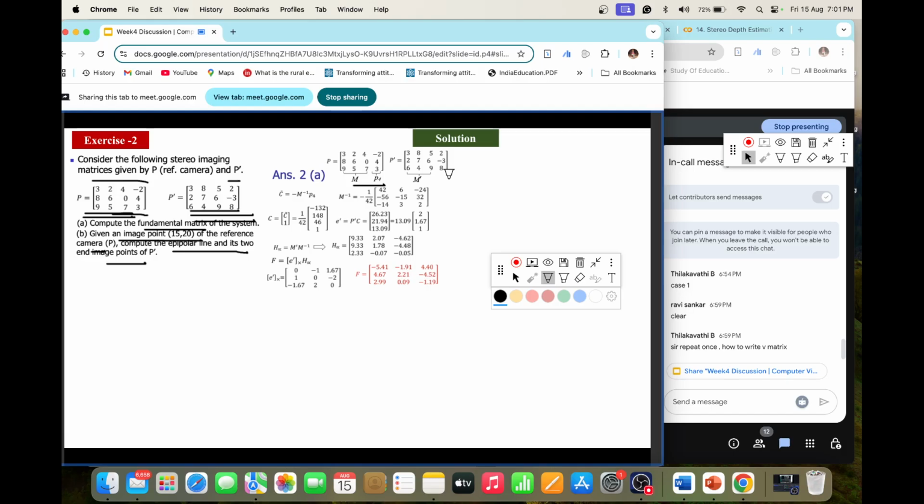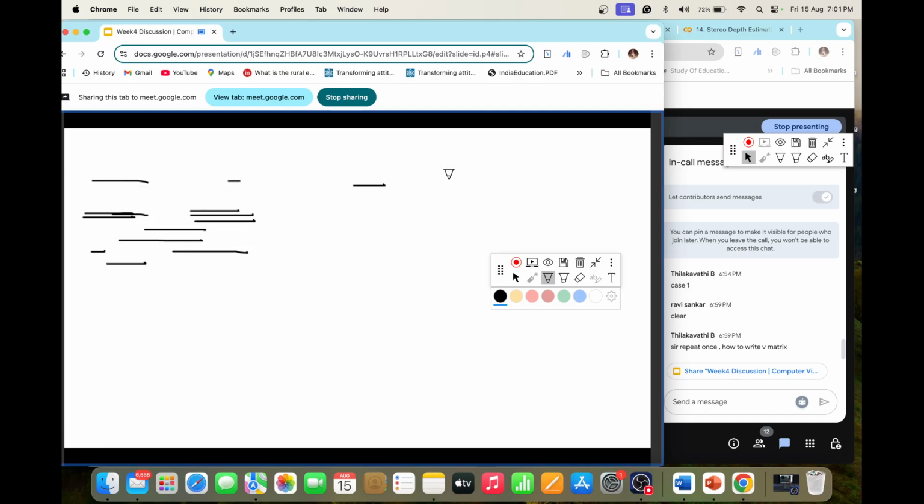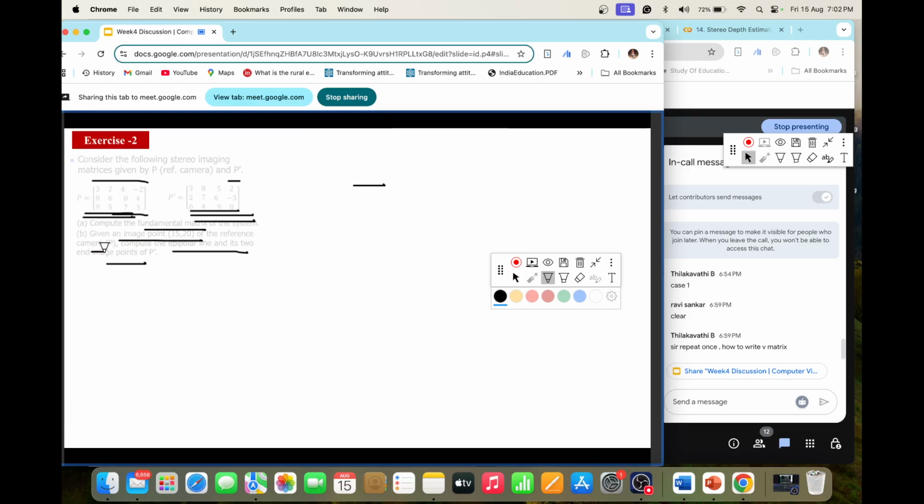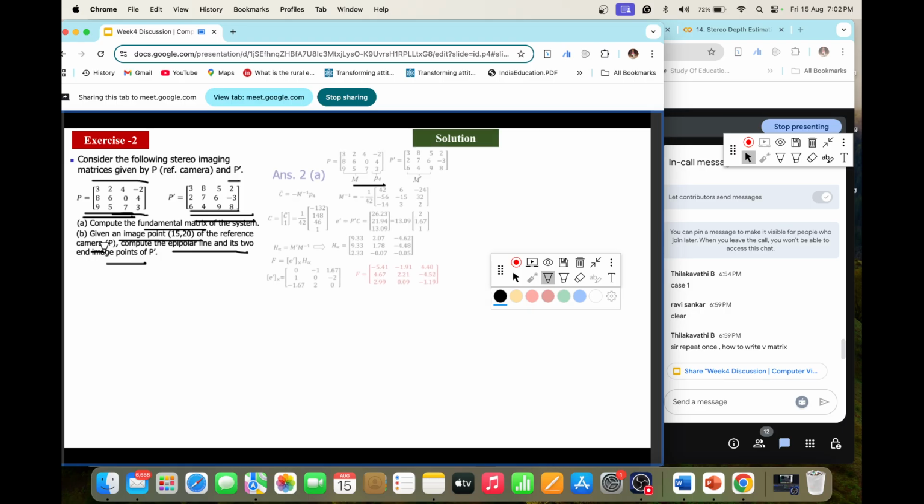Now how can we find this F? F can be found by E dash cross H pi. So before moving to H pi, we have to find E dash, which is very easy. E dash is given by this formula.